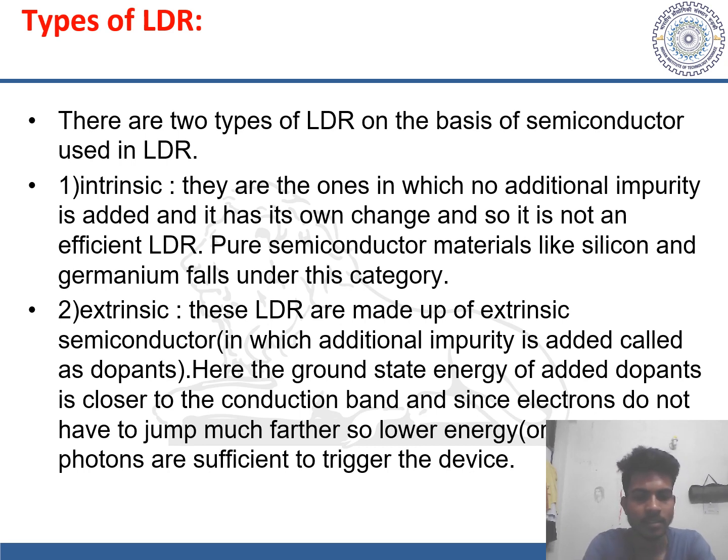On the other hand, extrinsic is the one in which an additional impurity is added to the semiconductor. The impurity that is added is also called a dopant. Here, the ground state energy of the added dopants is closer to the conduction band, so the electrons do not have to jump much farther as compared to the intrinsic LDR, and thereby lower energy photons are also sufficient to trigger this kind of device.